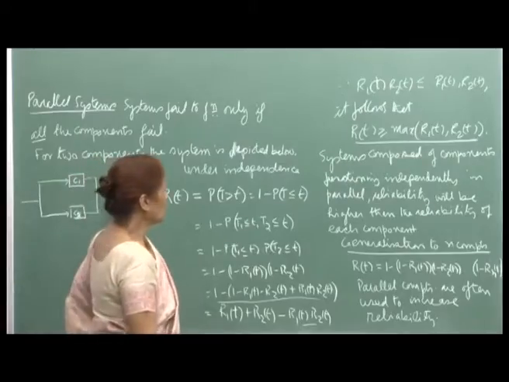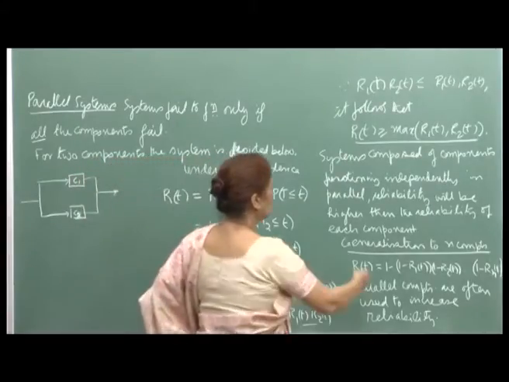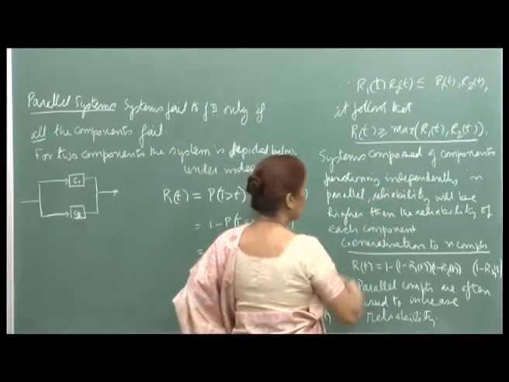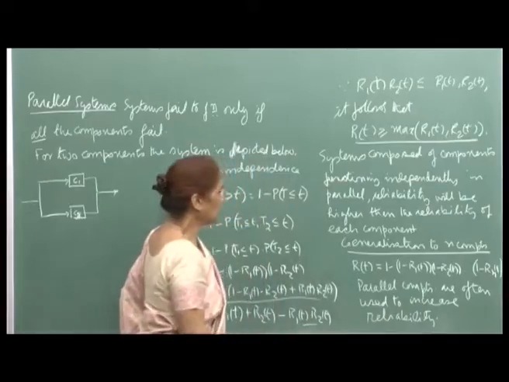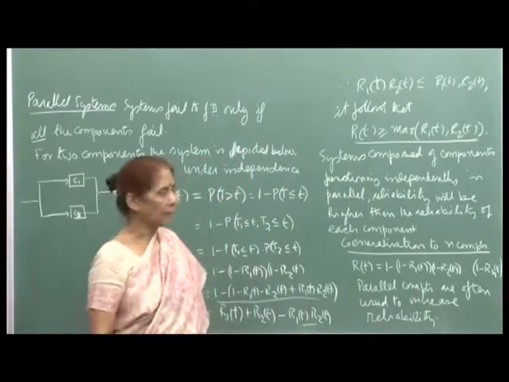Okay. And so that immediately shows that systems composed of components functioning independently in parallel, the reliability will be higher than the reliability of each of the components that are in parallel, right.